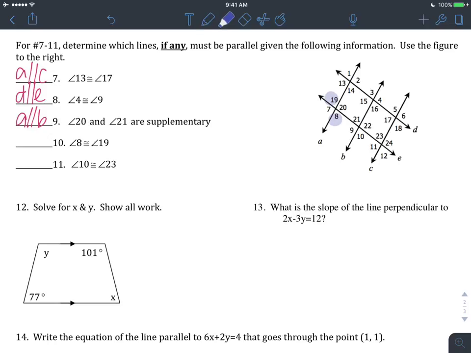So 19 and 8, they're vertical angles. So this is none. Then we have our last one, 10 and 23. 10 uses this line and this line. 23 uses that same line and then C. So that means that B would have to be parallel to C.